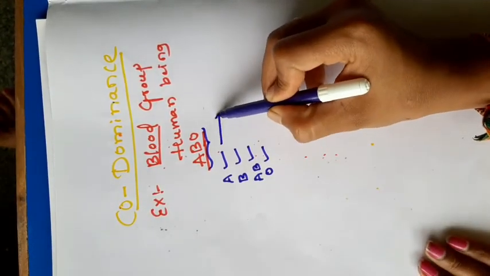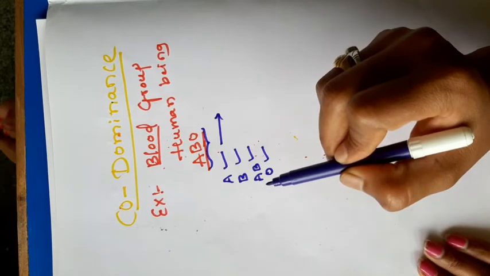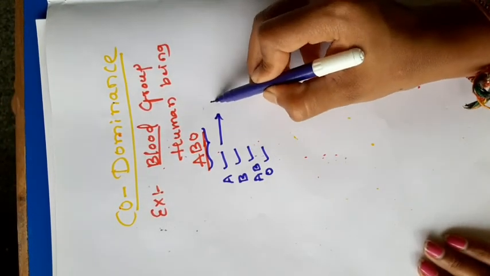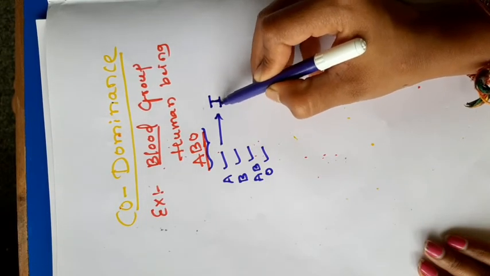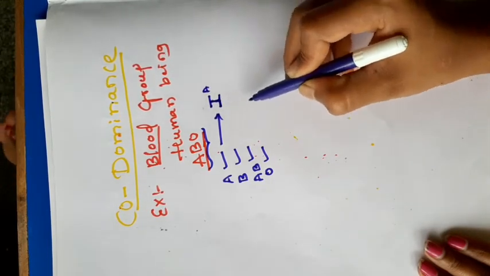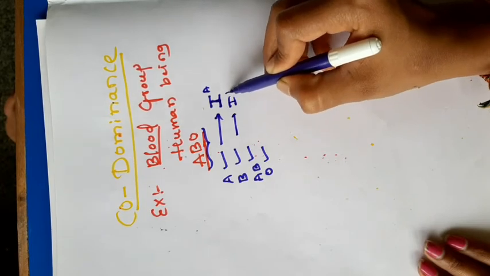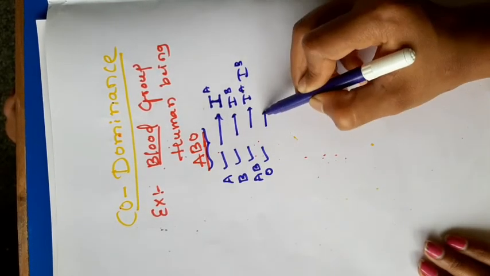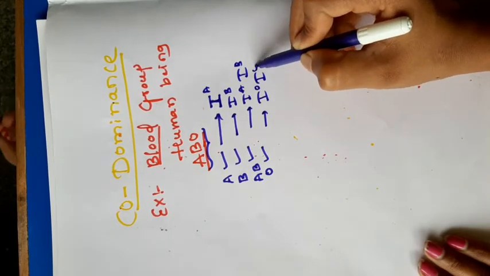The blood groups are also known as immunoglobulins. Those immunoglobulins are written as IA, IB, and for O, just IO.